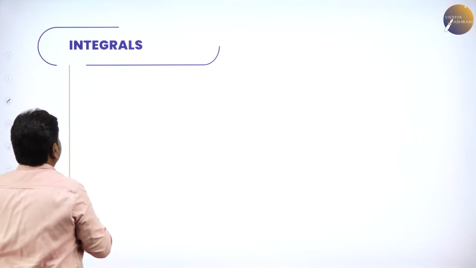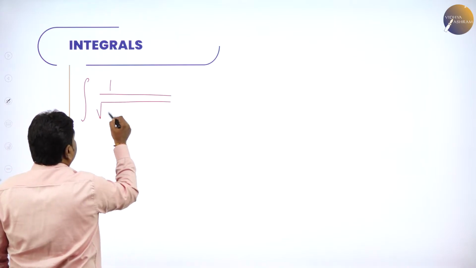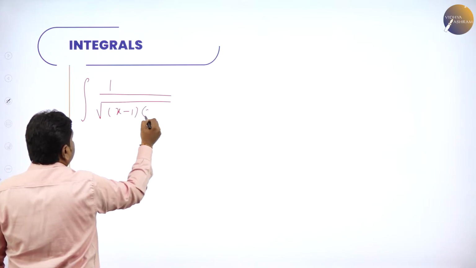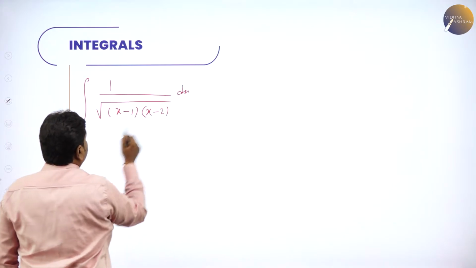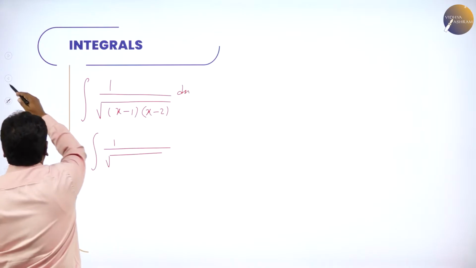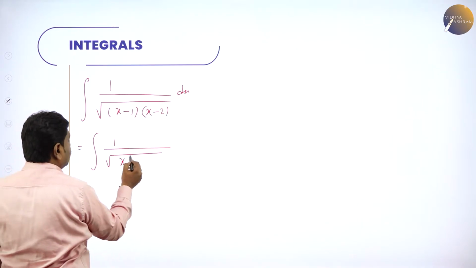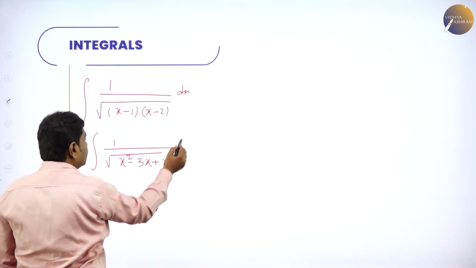So the given problem, integral of 1 divided by root of x minus 1 into x minus 2 dx, I can write as integration of 1 divided by root of x square minus 3x plus 2 dx, after you multiply.